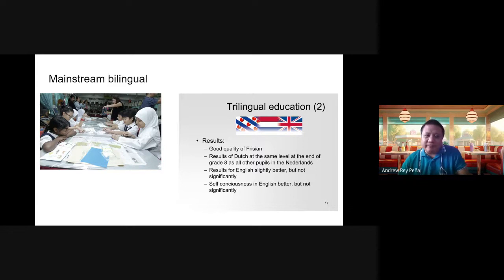In the Grand Duchy of Luxembourg, what happened was there was a good quality of Frisian and results of Dutch at the same level at the end of grade 8 as all pupils in the Netherlands. And the results for English is slightly better, but not significant. There is self-consciousness in English. It's much better, but it's not significant. This is in the case of the Grand Duchy of Luxembourg.